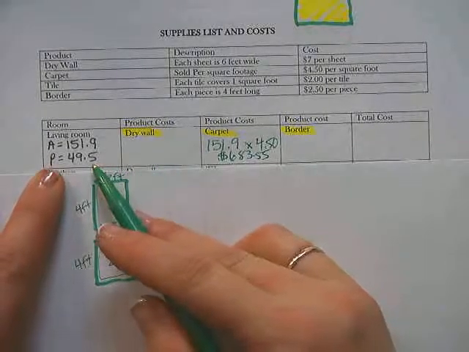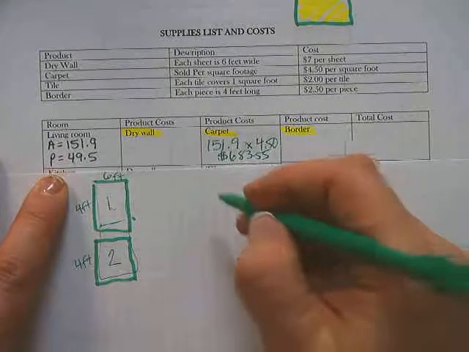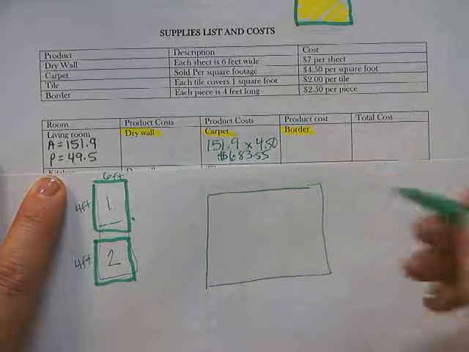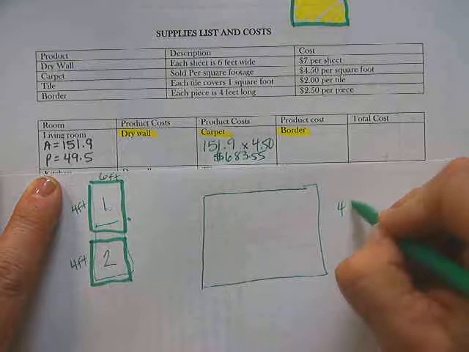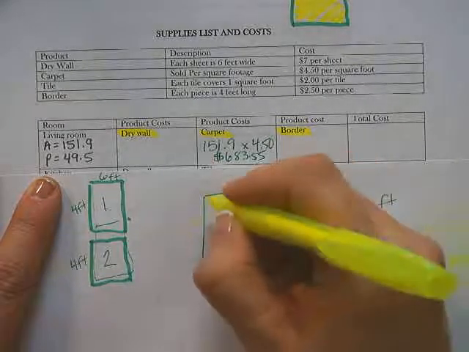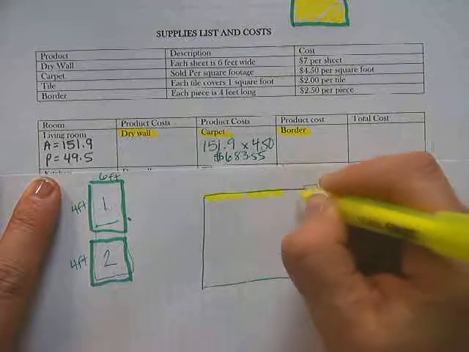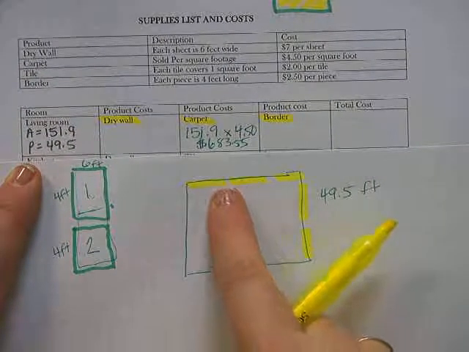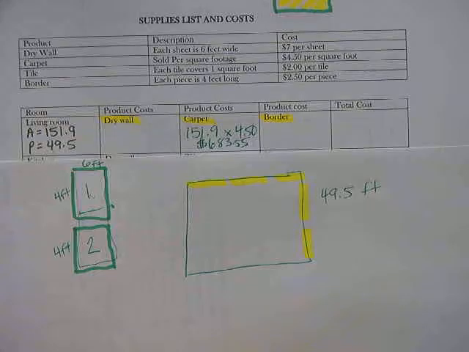So for drywall costs, think about the perimeter of this room. If all the way around this room is 49.5 feet, we have to decide how many 6-foot wide pieces of drywall it is going to take to go all the way around this room.